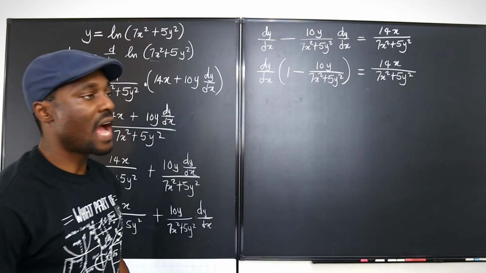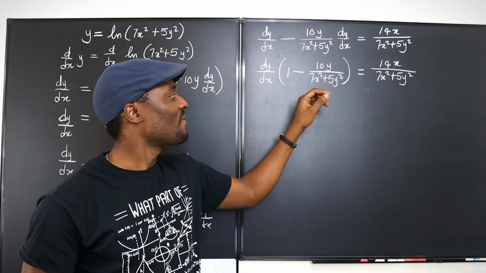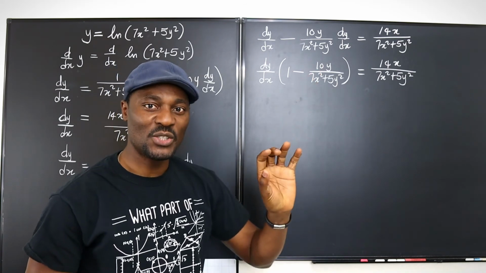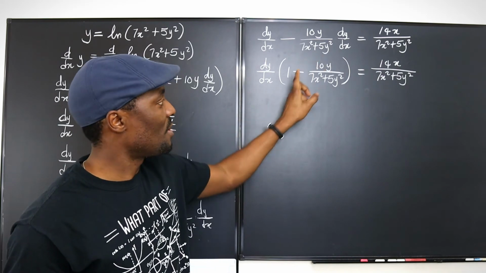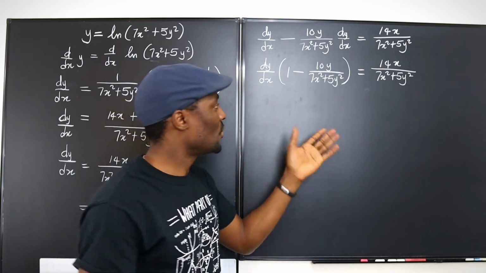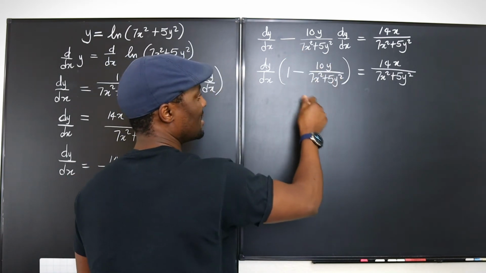Now, we just divide both sides by this, but before we do that, let's clean this up. Let's make it just one rational expression. You have two terms inside. So let's use the least common denominator, and then we're going to have this here subtracting this over that.